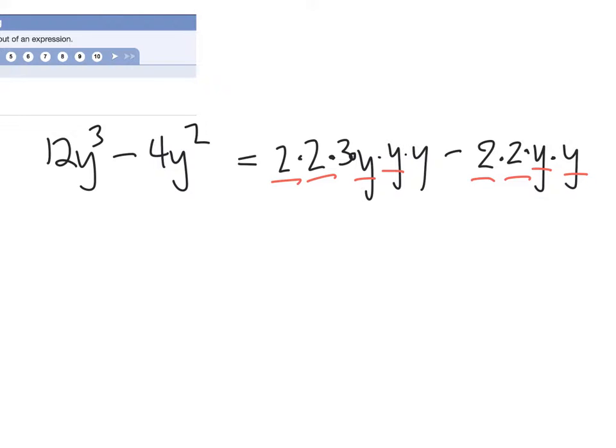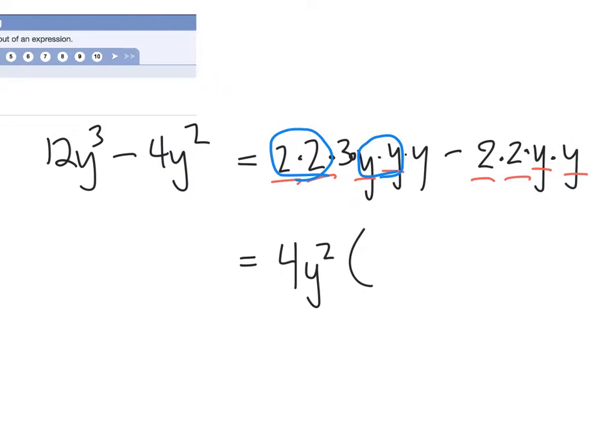All right? So now I'm going to factor out our common factors. And our common factor is 4y squared. Where did that come from? Well, 2 times 2 is 4, y times y is y squared. So when I factor out the 4 and the y times y, what am I left with?